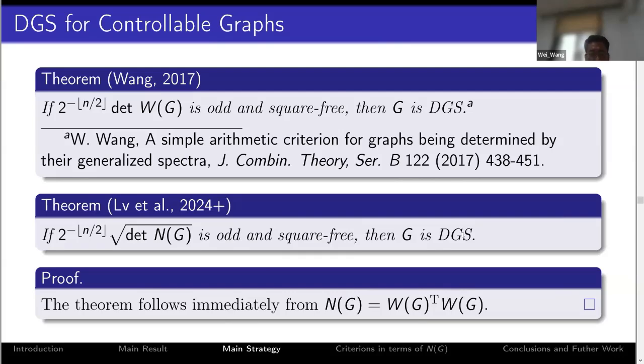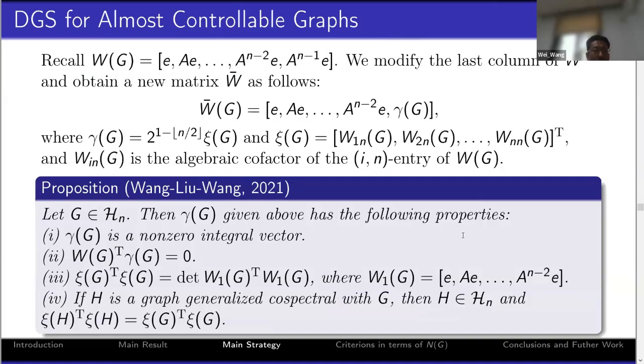Next, as for almost controllable graphs, it's a little bit complicated to show whether G is DGS. Recall that WG is the walk matrix.